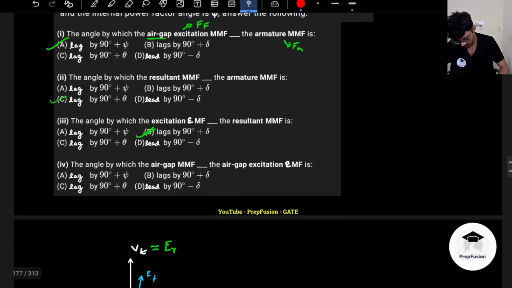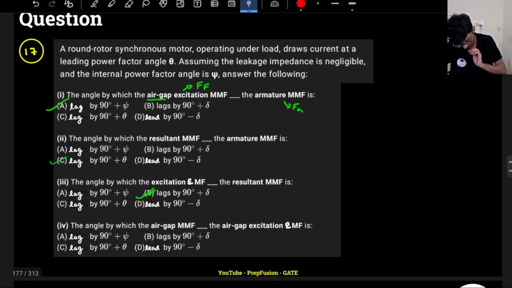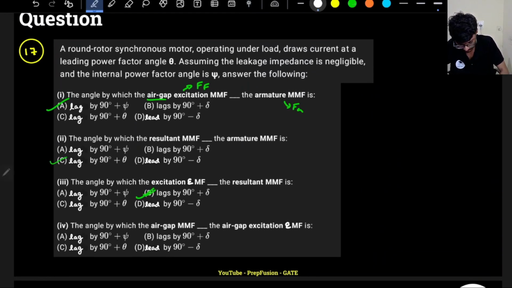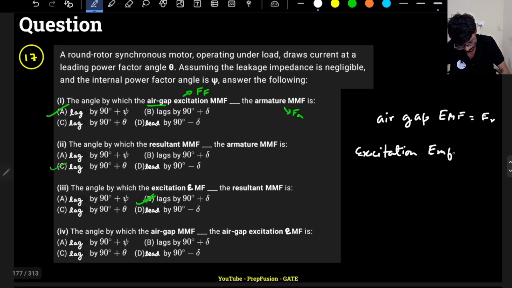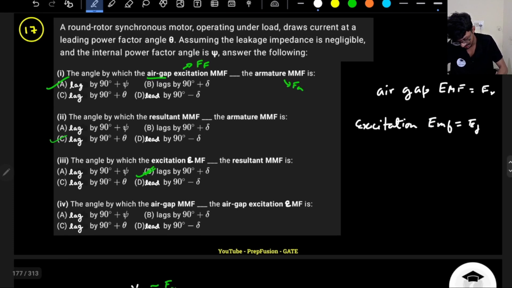Before solving the fourth one, I want to mention a very quick thing here. Whenever there is a term known as air gap EMF, they are actually talking about Er. And if it is talking about excitation EMF, then they are talking about Ef. Here also the wordings are not proper.